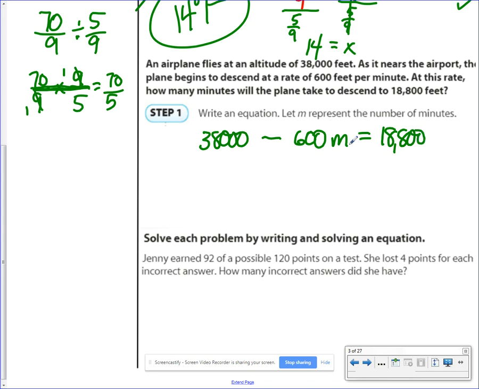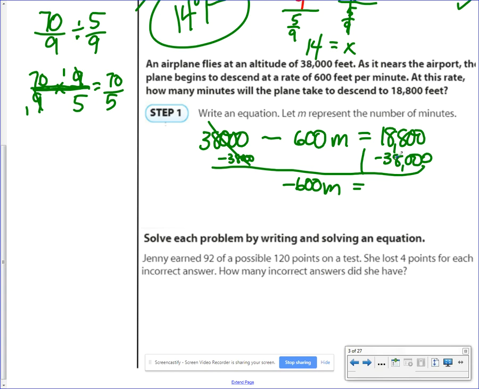Okay, here's my variable. The first thing you need to do is get rid of 38,000. I know you see that minus, but I need you to think of subtracting 38,000 here because that is what is going to wipe that out to go to 0. So subtract 38,000 here. Oops, 0.